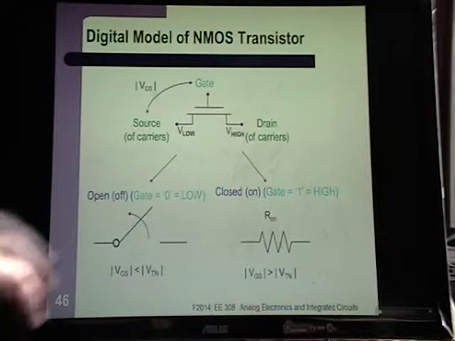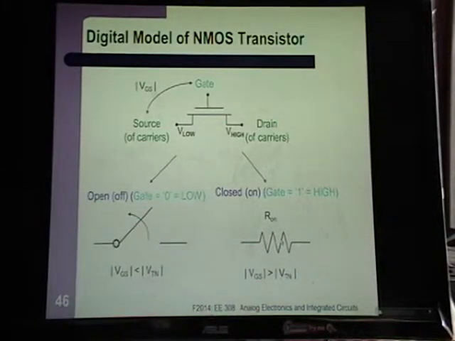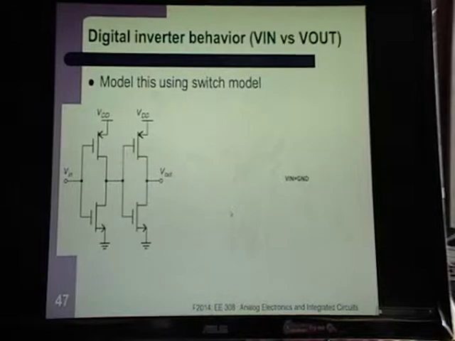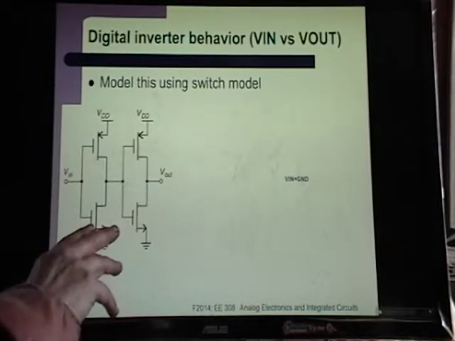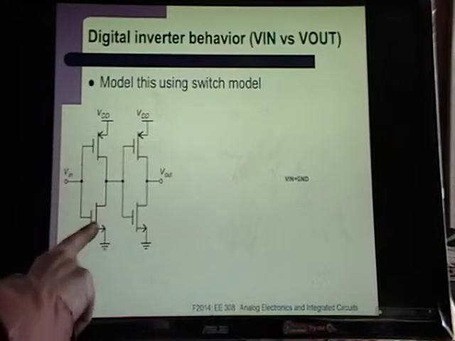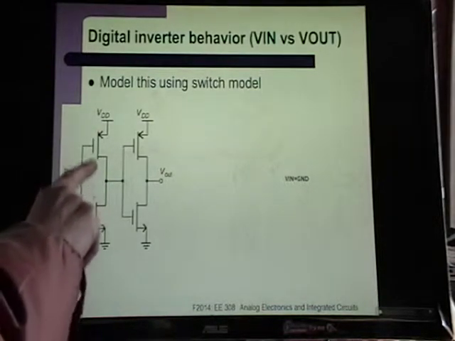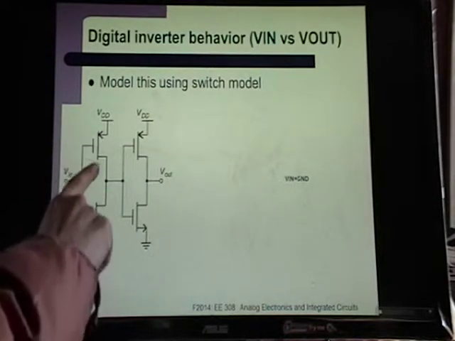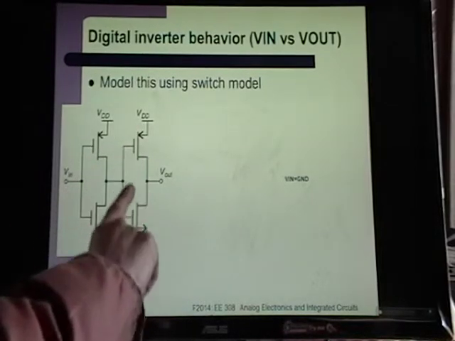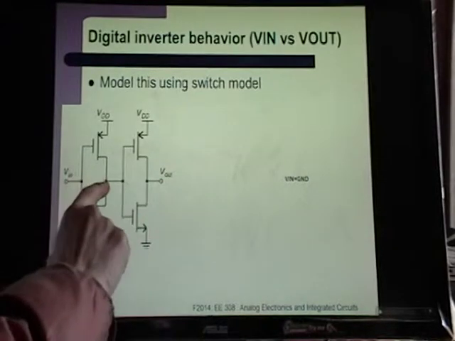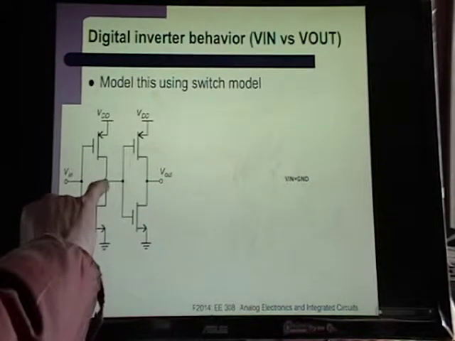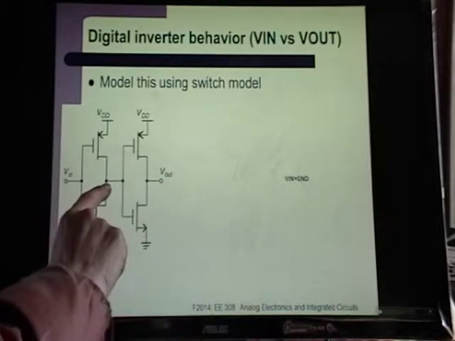Okay, so in the digital realm, now you need to take into account resistance. Let's say you're analyzing some circuit like this, and you want to know about this first inverter right here. And if you're analyzing this first inverter, you don't care what the second inverter does. This could be any circuit at all. You don't care what it does. You're trying to figure out how fast this node on the output of this first inverter is changing.